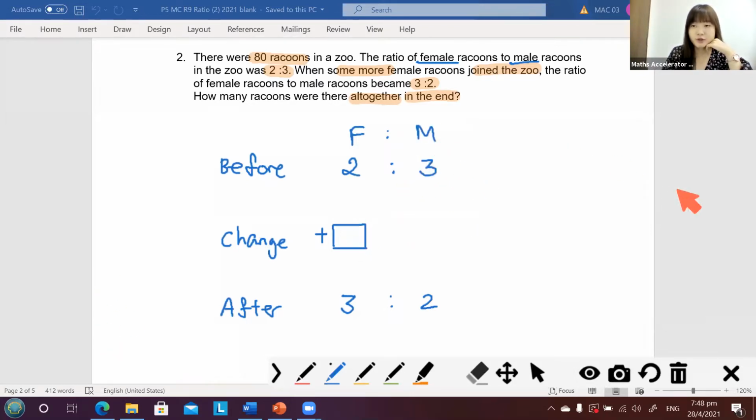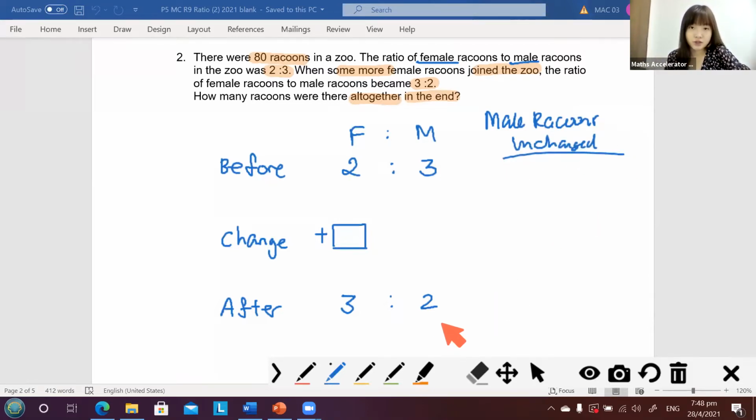For those of you who don't know why, if you read the question, did they say anything happened to the male raccoons? Did they leave the zoo? Did they join the zoo? No, so the male raccoons from the start to the end is the same. Male raccoons unchanged.